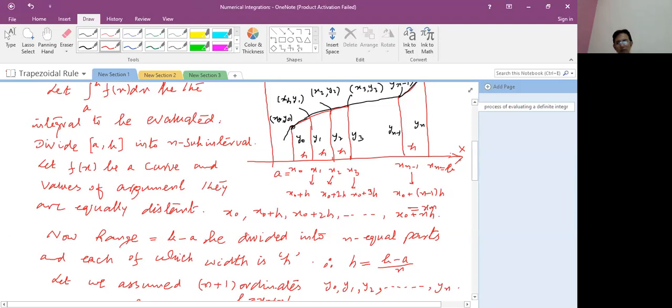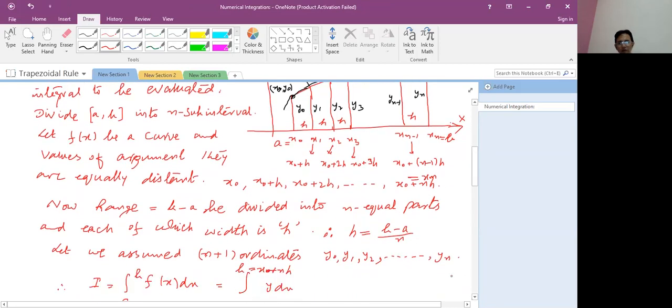The range, b minus a, is divided into n equal parts, and the width of each part is h. Therefore h is equal to the range divided by n intervals, so h equals b minus a over n.